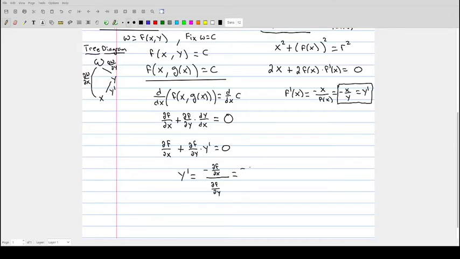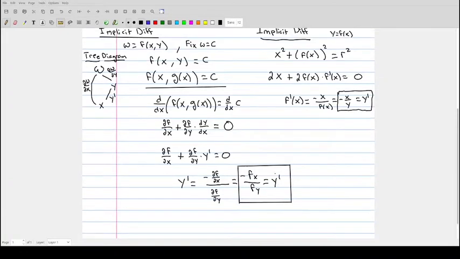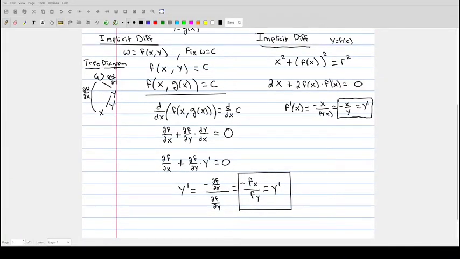Or y prime is equal to negative fx over fy, which is a general formula for any level curve, solving for the rate of change of y with respect to x on the level curve. So this formula gives you the slope in the y-x plane of any level curve at any point on the level curve.